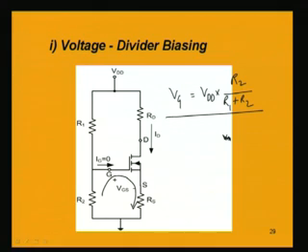If we now look into the lower loop, we have a voltage Vg given by this one, and this gate current is 0. What is this current? This is nothing but ID, the drain current, and the source current is the same.